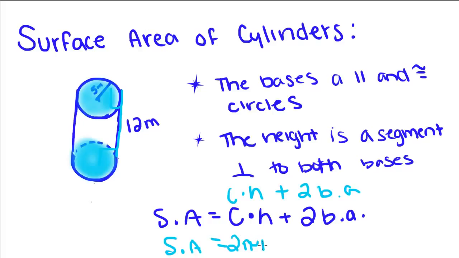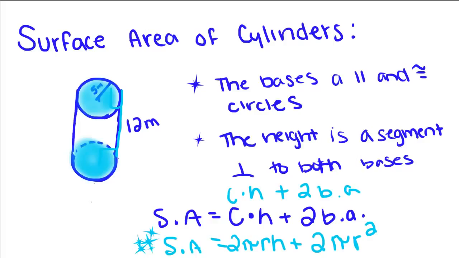So 2 pi r times h would be 2 pi r h plus 2 times the area of one circle. Well, the area of one circle is pi r squared. So our final formula for surface area is 2 pi rh plus 2 pi r squared.